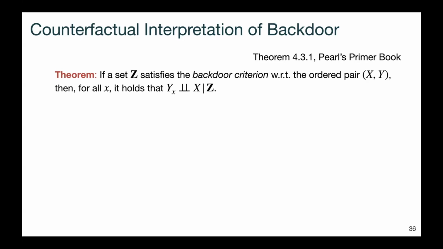But this is easily checked. There is a theorem that says that this condition holds if the backdoor criterion is satisfied by the set Z. So if you have a graph, you can test. You can get the set Z that you have on hand and check if Z satisfies the backdoor criterion for this pair X and Y.